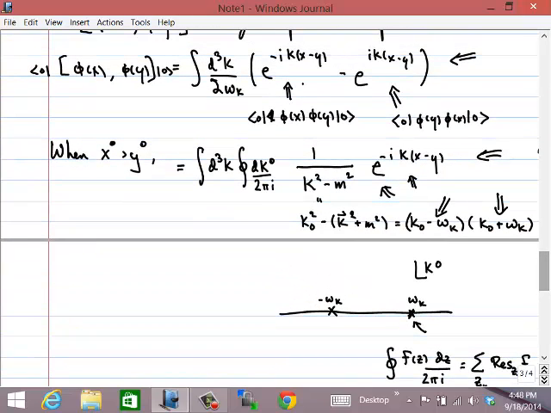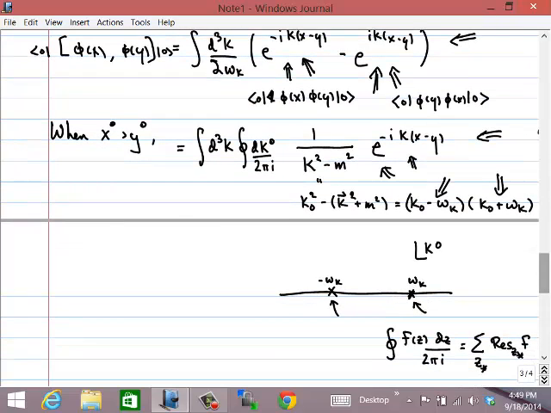What is it? That's precisely this thing. And similarly, the contribution from this pole is precisely this term here. So, when we perform this contour integral, we need to make sure that we pick up the contributions from these 2 poles when we use this contour integration formula.